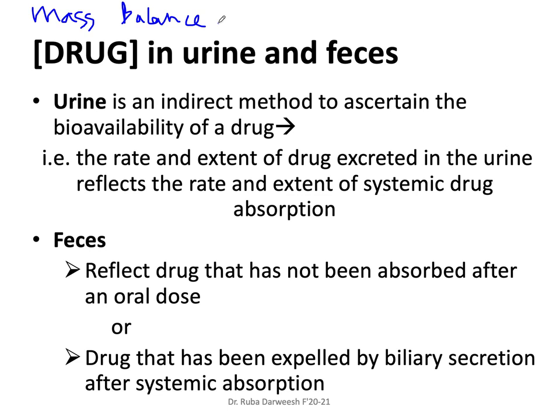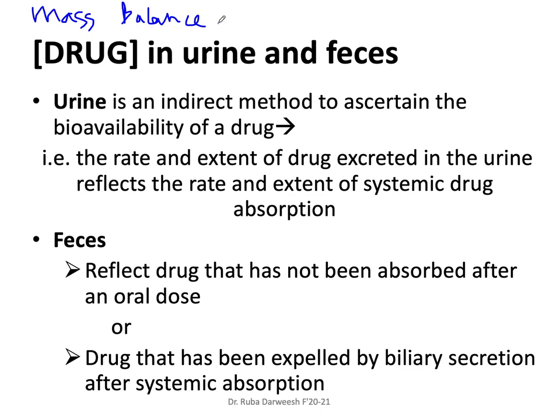So usually we are talking about other biological samples. Urine and feces are among the major samples going out of the body. So we study whatever is happening in the urine and in the feces, as you do a yield percentage in the labs, to understand what is happening to the drug.